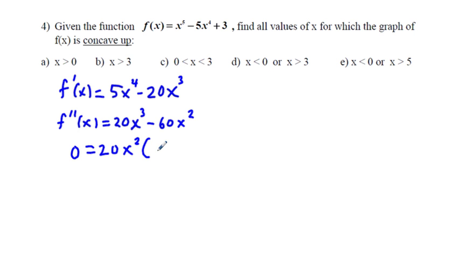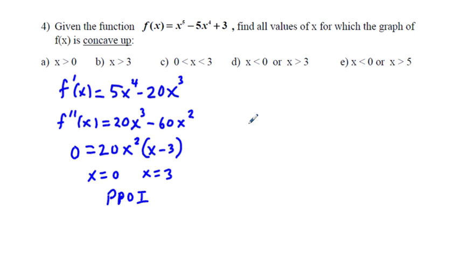What times 20x squared equals x cubed? Well, that's going to be x, and we're going to have minus 3, because negative 3 times 20x squared is negative 60x squared. So our critical numbers are x equals 0 and x equals 3. I said critical numbers, but I mean these are possible points of inflection, PPOIs.